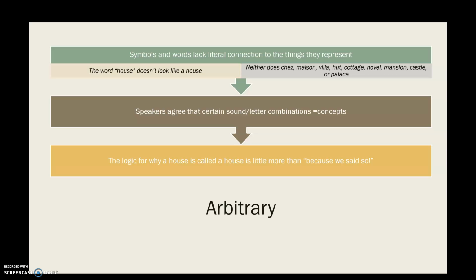Like for instance, a window comes from the words wind and door. We made up the word for wind and we made up the word for door. We don't really know where they come from, but we agreed that that's what those words meant.